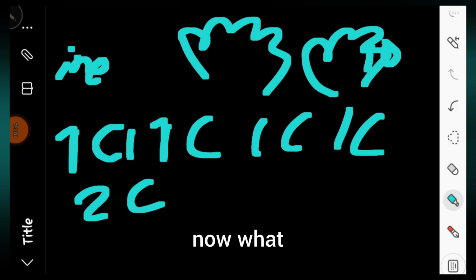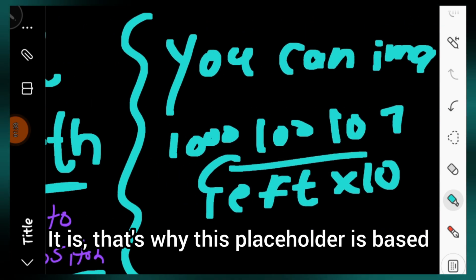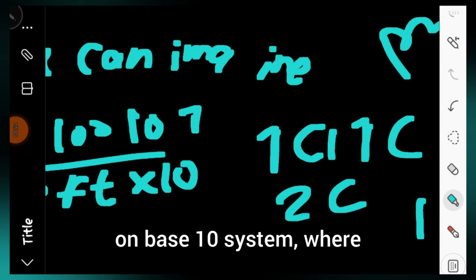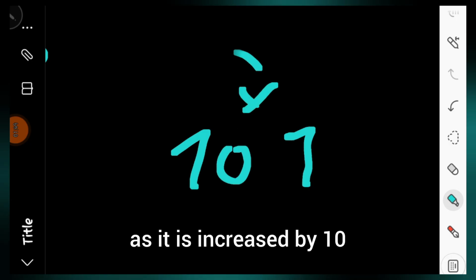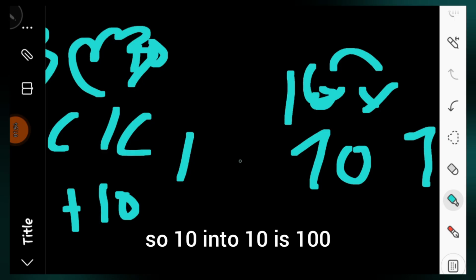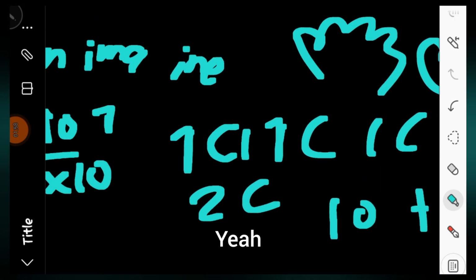Then now what? They used to add another 10 to that. That's why this placeholder is based on the base 10 system, where the first digit is 1, then another number is 10. As it is increased by 10, then it is again increased by 10. So 10 into 10 is 100. It keeps on increasing by 10.